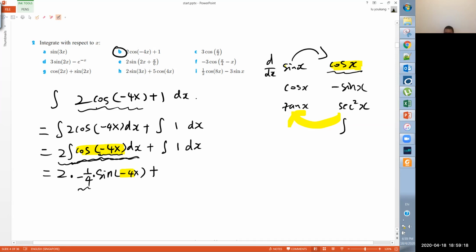Now you can go ahead and do integration of 1, which is x. Okay? And of course, you should have a constant as well, because we are talking about indefinite integral here. So if you simplify it, you're supposed to get this.